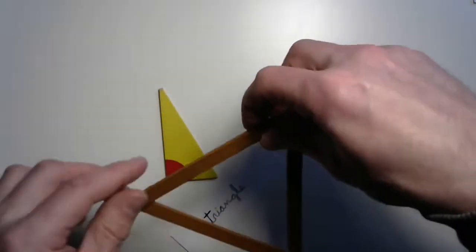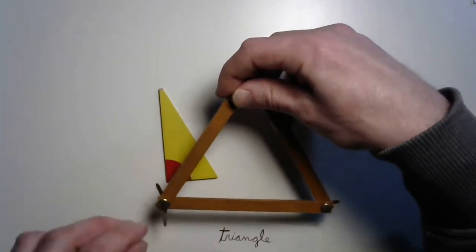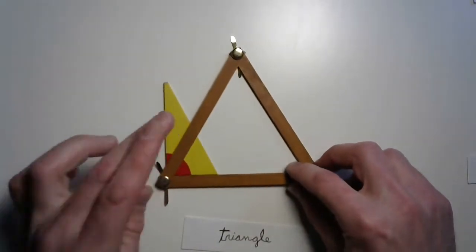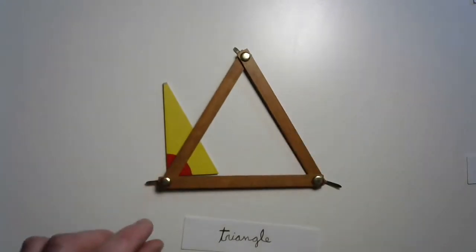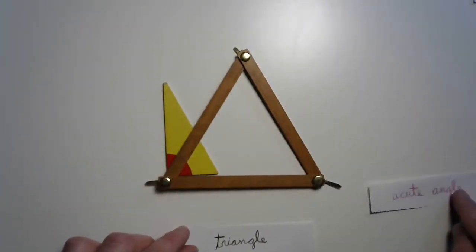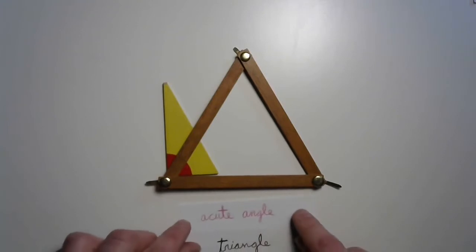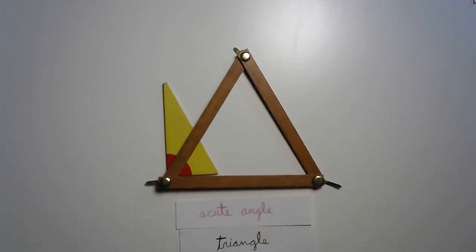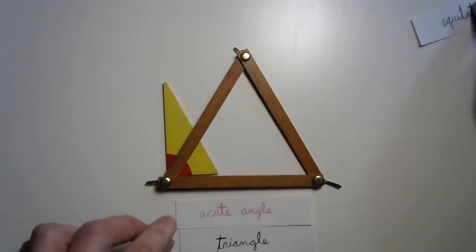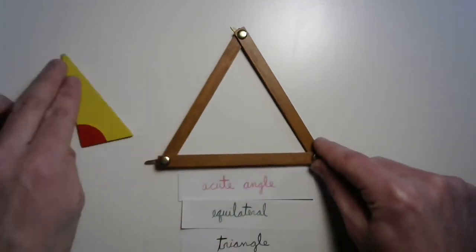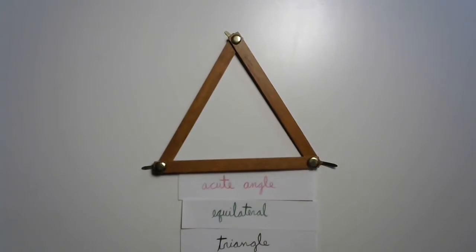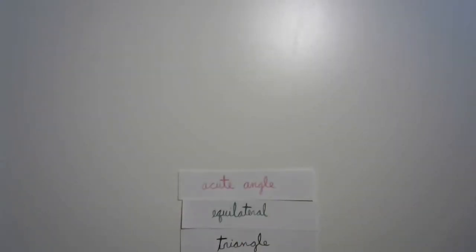Well, actually, it's an equilateral triangle. Everything's equal on it. If that one's acute, yep, that one's acute. Oh, this one's acute too. Well, hey, that means we have a new name for this triangle. It's an acute angle triangle. We also know it's equilateral, so we could call it an acute equilateral triangle. How really cute, right?